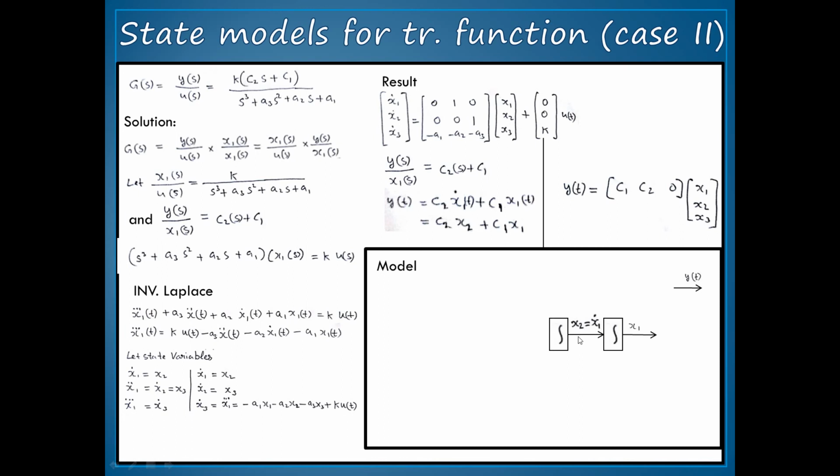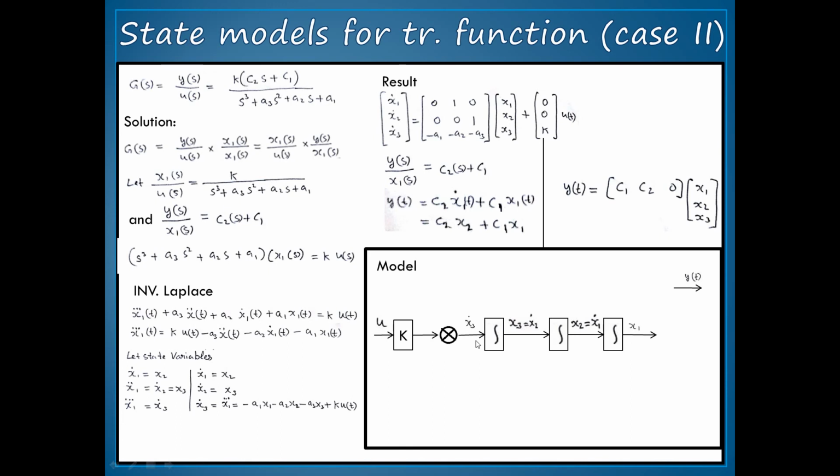Similarly, we assumed x1 dot is equal to x2, and x2 dot after integration gives the value x2, and after integrating x3 dot we may also get the value x3. In the similar fashion, we have converted all these two equations and written them in this fashion.